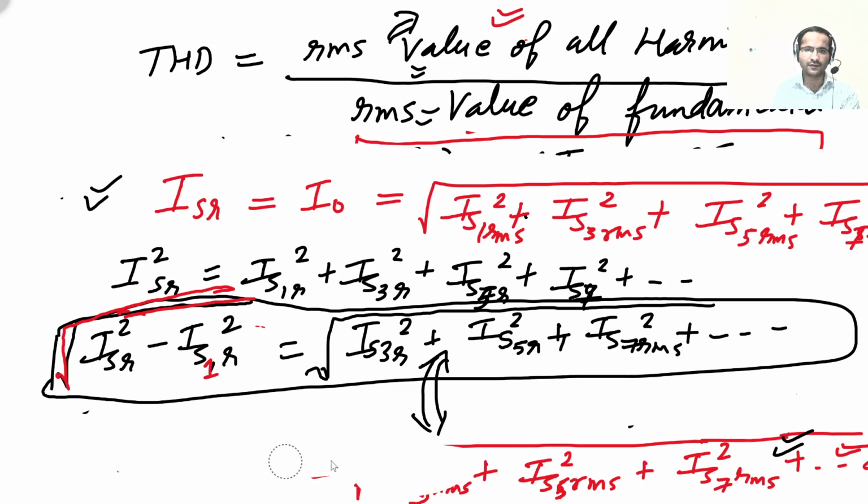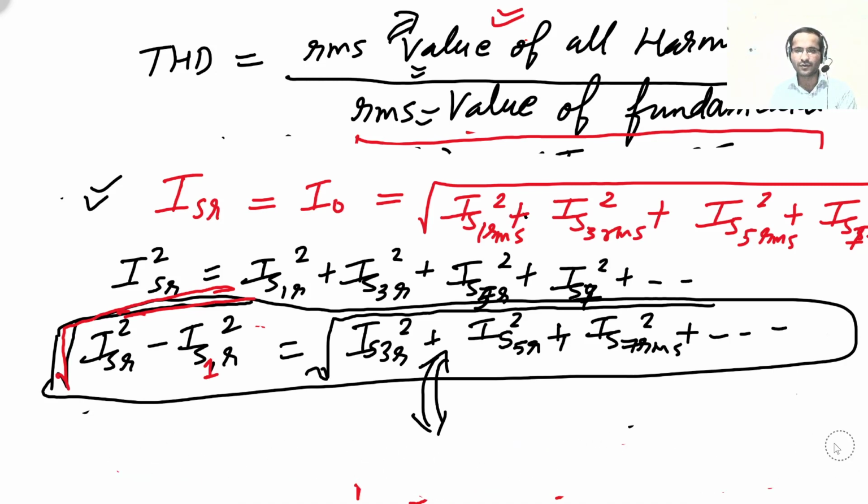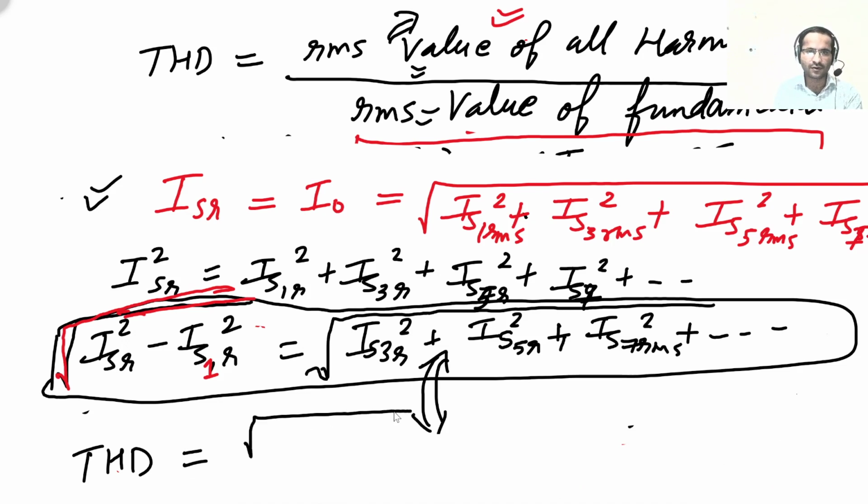Now if we put these two values in the THD equation, THD is the RMS value of all harmonics. Now we have all harmonics in terms of total RMS minus fundamental RMS, divided by the RMS value of the fundamental. This is already known, the RMS value of the fundamental.